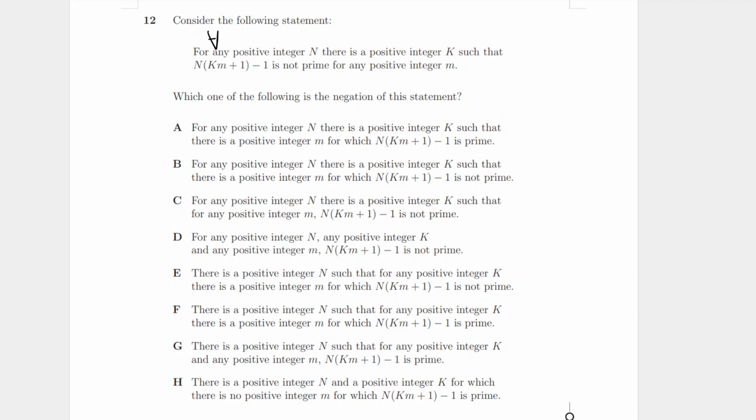So for all n, well, positive integer n, so n in the natural numbers. I hope we have seen this before, the N with an extra stroke. There is a flipped E, a positive integer k. Oh, I should have used Z, shouldn't I? I shouldn't be using N there because it's a positive integer. No, I'm right.